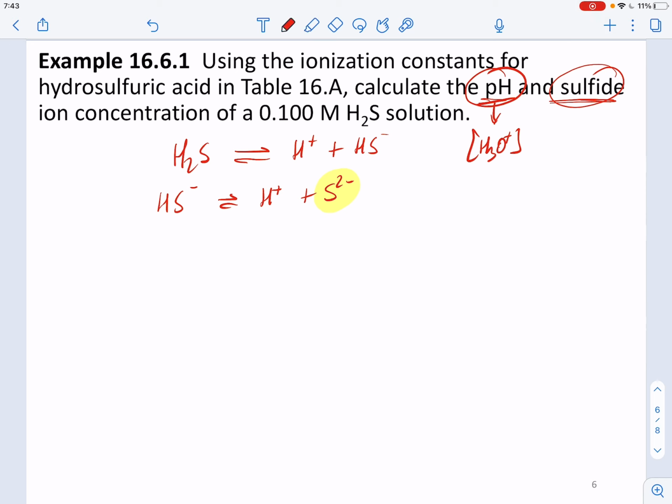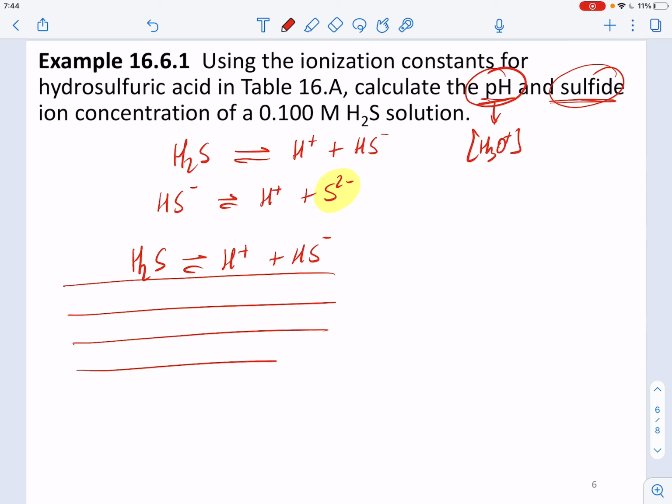So if we rewrite our first step, we have H2S goes to H plus HS minus, and in this case we are starting with an initial concentration of 0.1, and you assume 0 and 0 for the H plus and HS minus, right?